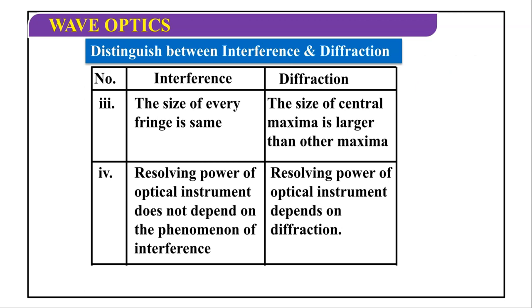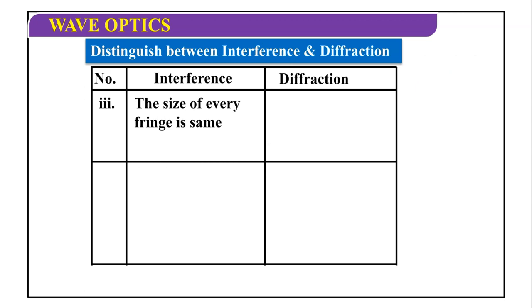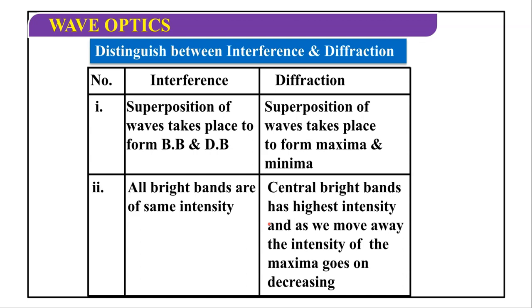So I hope by these four points you are aware of the difference between interference and diffraction. Bands: here bright band and dark band, there maxima and minima.